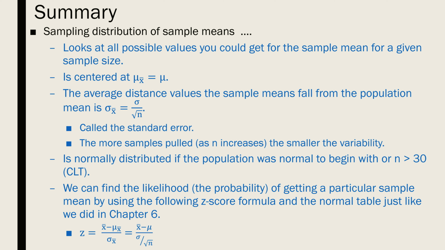Here is a summary of the sampling distribution of sample means. It looks at all possible values you could get for the sample mean for a given sample size. It is centered at mu x bar equals mu. Again, the mu x bar is the mean of the sampling distribution.